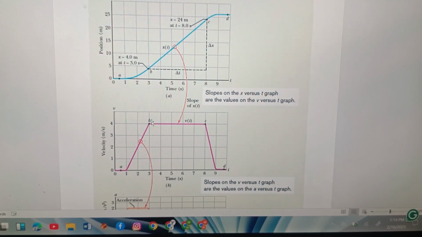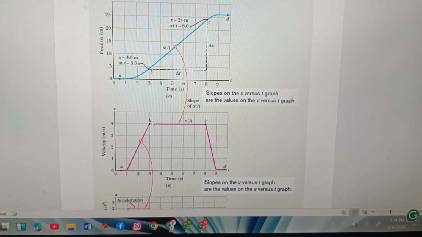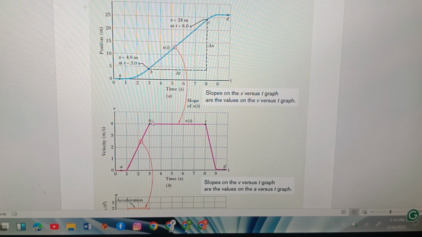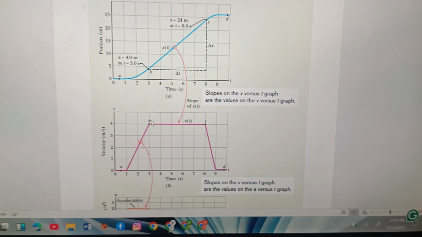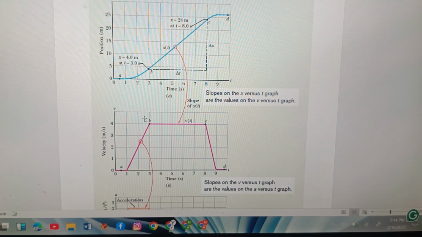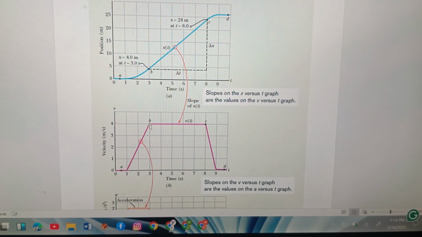This is not an accurate distance, but an approximate distance from which we will be calculating. So we will get our velocity. Here we got a value of 4.